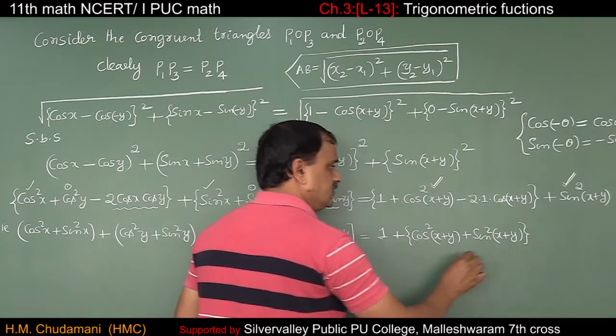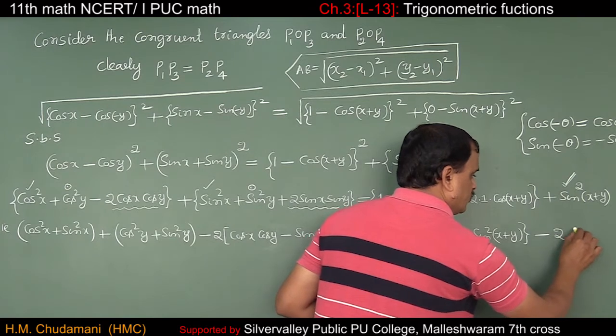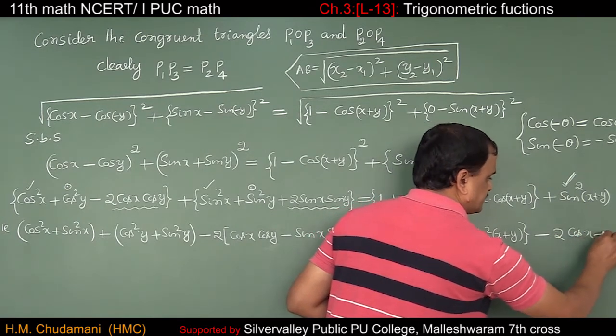These two together give minus 2 cos of x plus y.